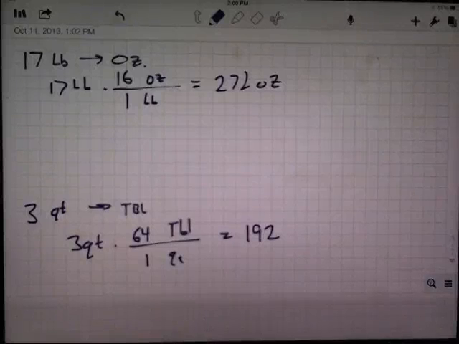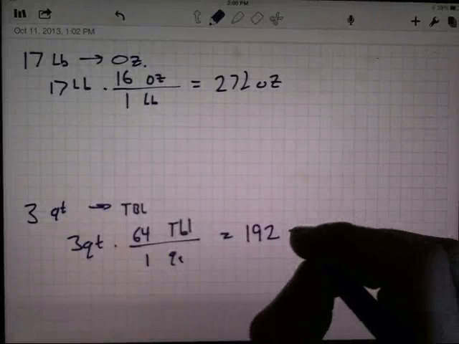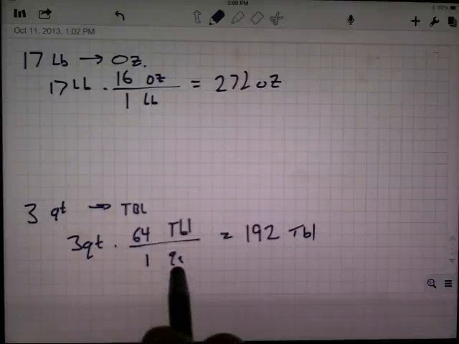All of a sudden I'm doubting my ability to multiply in my head. 192 tablespoons. Okay. Started with the quarts. I wanted to go with tablespoons, so the quarts had to cancel out.